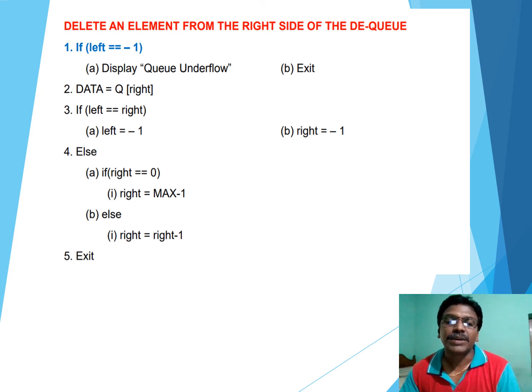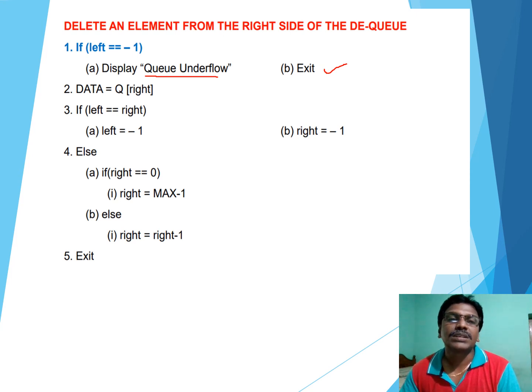Delete an element from the right side of the queue. It means perform deletion at the right side. First check whether the queue is underflow or not, it means whether the queue is empty or not. So first check if left equal to minus 1, the queue is underflow, and exit. Otherwise, remove if possible from the queue.